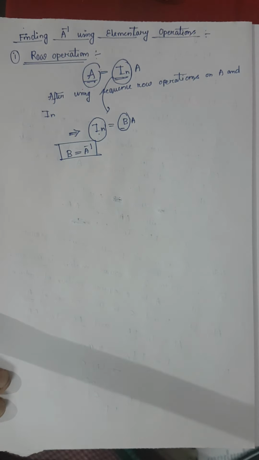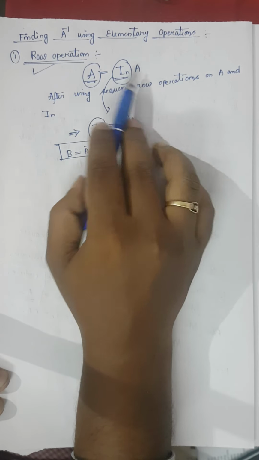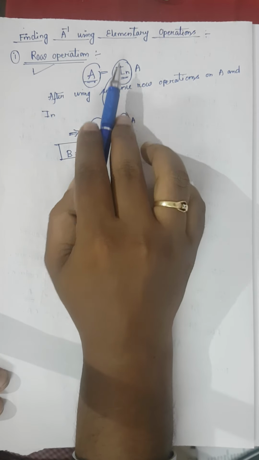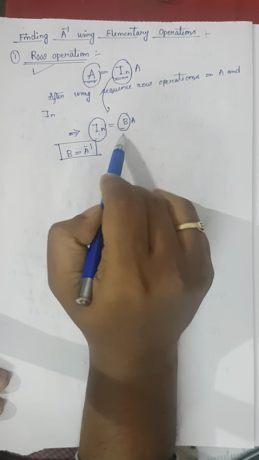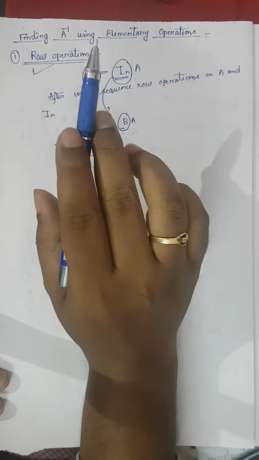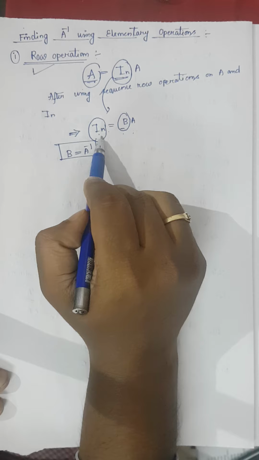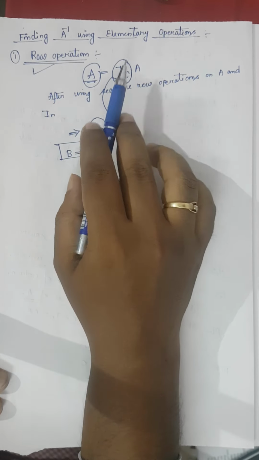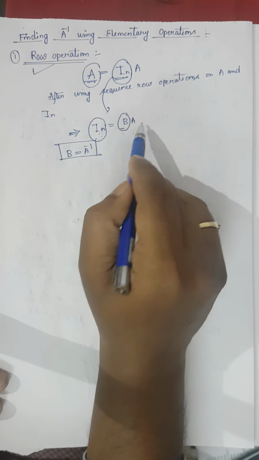So be careful, when I find A inverse using row operation, we have to write A is equal to In into A. And then after using sequences of row operations on the matrix capital A on the left side and the matrix In on the right side, convert this equation into In is equal to B into A. Your main motto is to convert the matrix A into the matrix In, that is, you have to convert A matrix into an identity matrix, and automatically the matrix In will be converted into the matrix B. So we are getting B into A is equal to In.